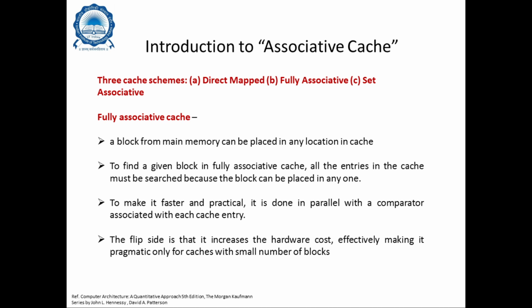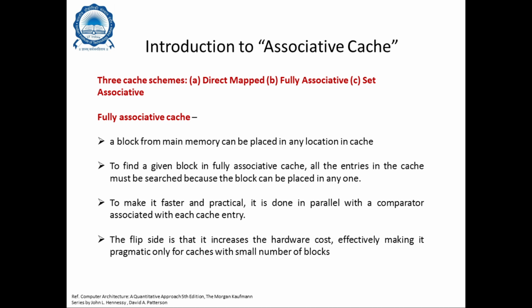So, introduction to associative cache. There are three cache schemes. The first is direct mapped cache, the second is fully associative cache, and the third one is set associative cache. In a fully associative cache, a block of main memory can be placed in any location in the cache.